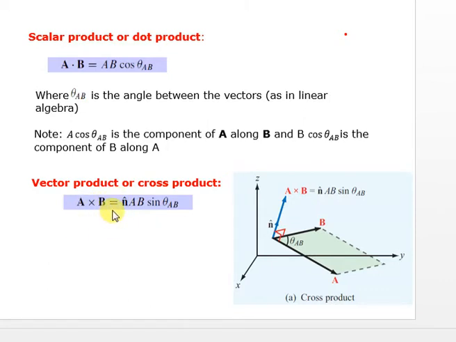Here vector n represents the unit vector, AB sin theta AB n. And you can also see in the picture the direction of the cross product.